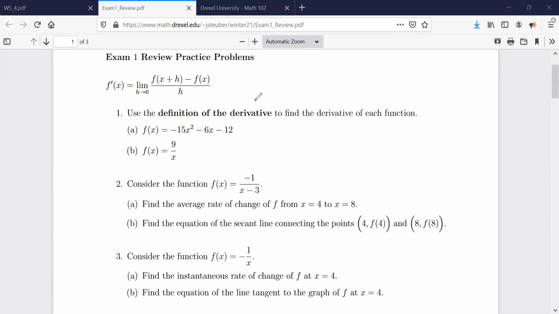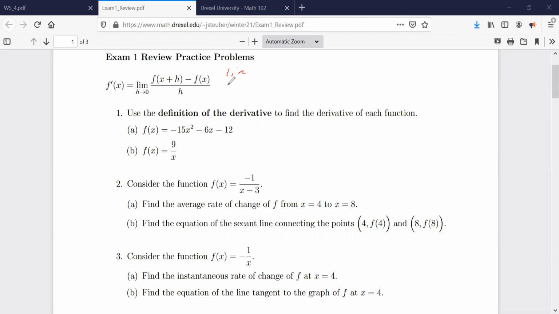So here we have to plug it into the limit definition of the derivative, and that's going to be a little bit time consuming, but shouldn't be too hard computationally.